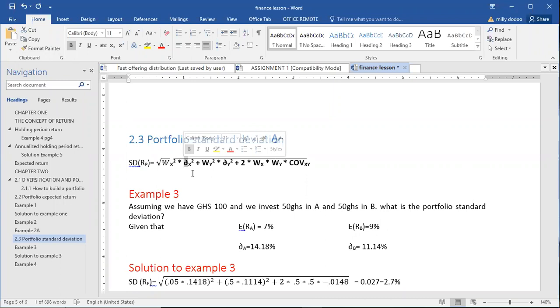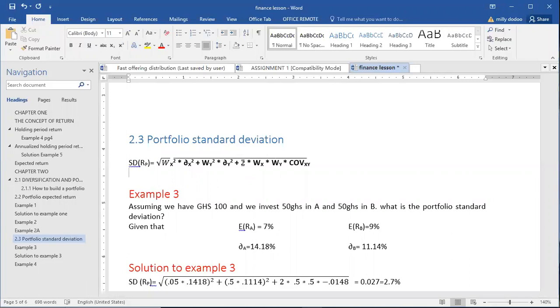Everybody understand? So the weight of x squared multiplied by the standard deviation of x squared, plus the weight of y squared multiplied by the standard deviation of y squared, plus a constant 2. As for this 2 there, don't ask me where it is coming from. I don't know.